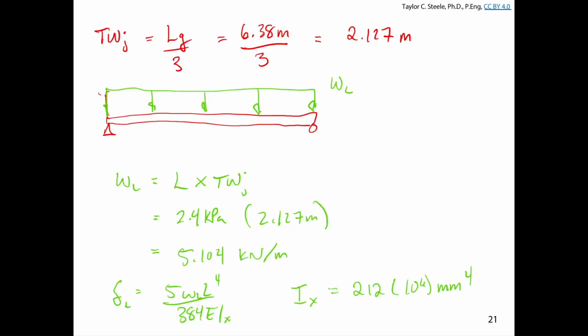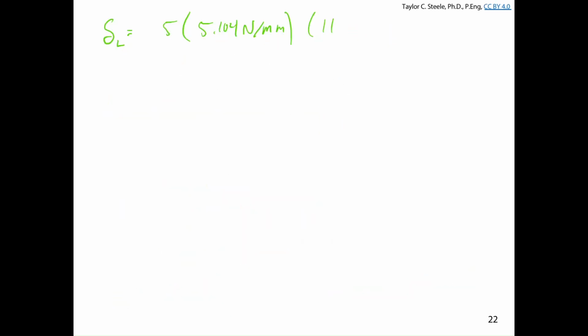And so we can calculate the live load deflection as 5 times 5.104 newtons per millimeter times the length, which is 11,350 millimeters to the 4th.